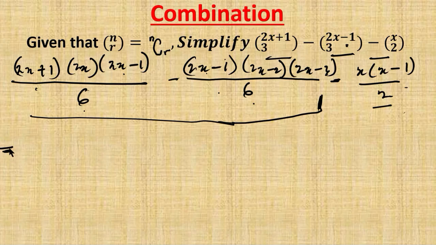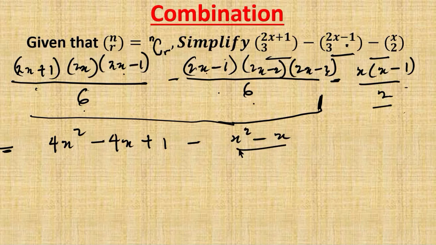In place of the whole of this expression, I'll be bringing in 4x squared minus 4x plus 1 minus, let's expand this. This is (x squared minus x) over 2. This is something as (4x squared minus 4x plus 1) over 1.